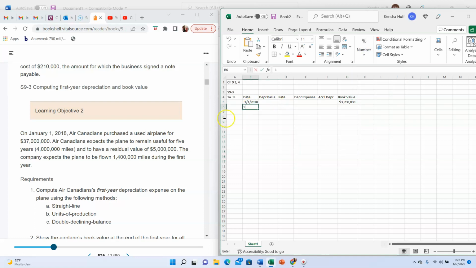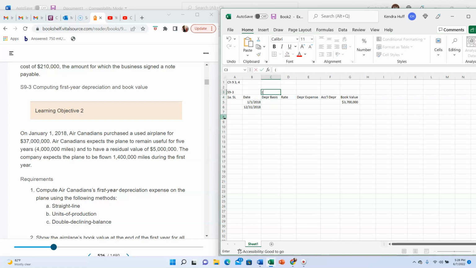And then our first year is 12/31 of 2018. The depreciable basis for straight line is cost minus residual. So it's going to be the 37 million minus the 5 million residual.